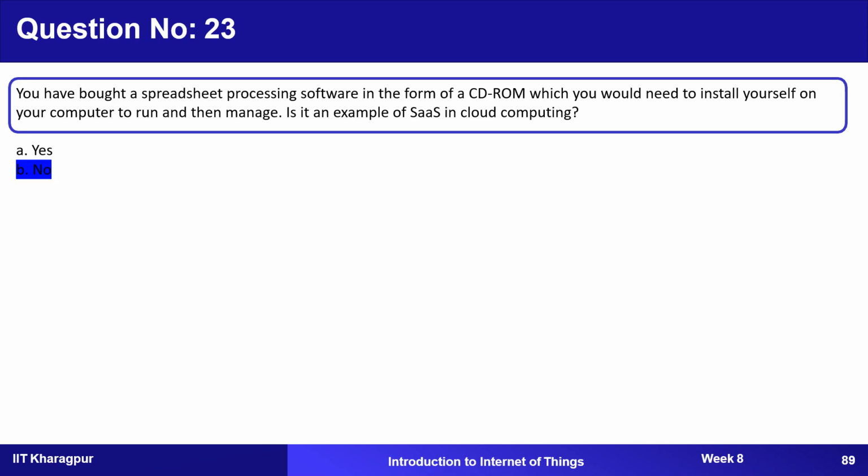Okay. So this is not an example of software as a service because you are not utilizing this spreadsheet processing software as a service. You are installing it in your system and then using it and also managing it yourself.